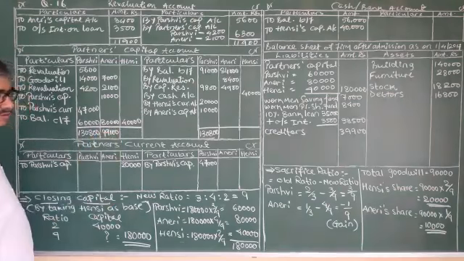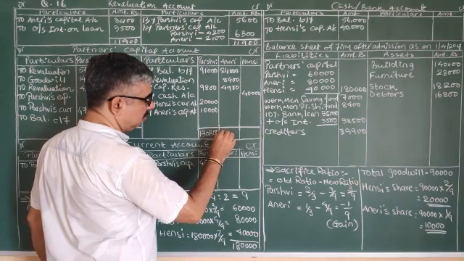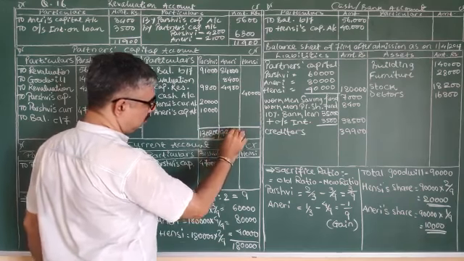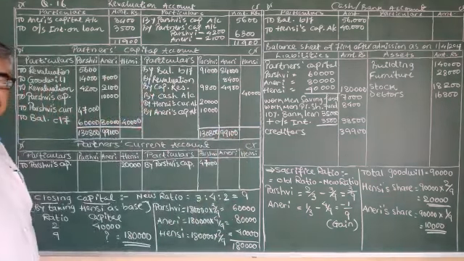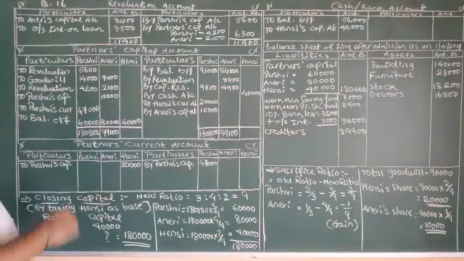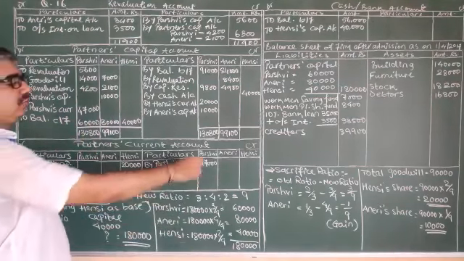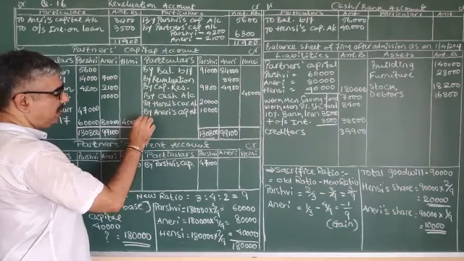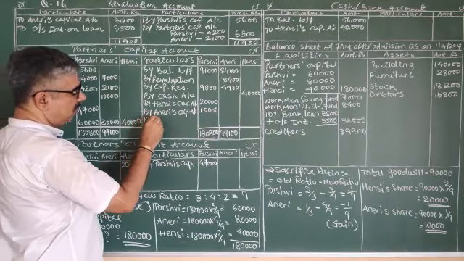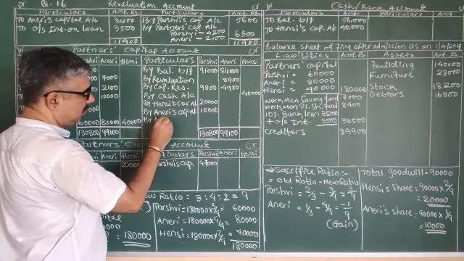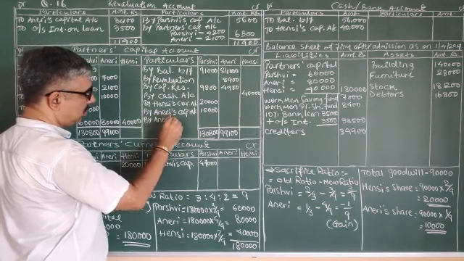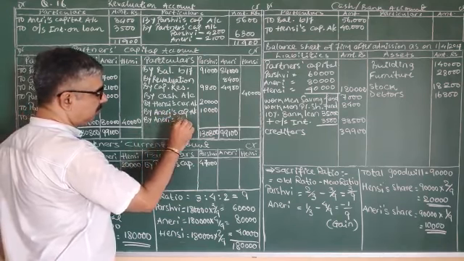Same total, 99,100. And then the difference should be opposite by Aneri's current account.